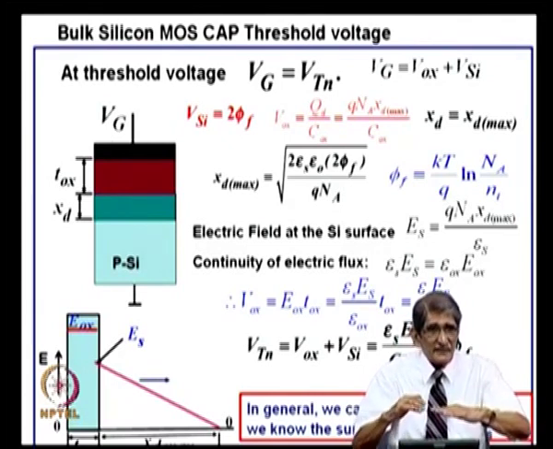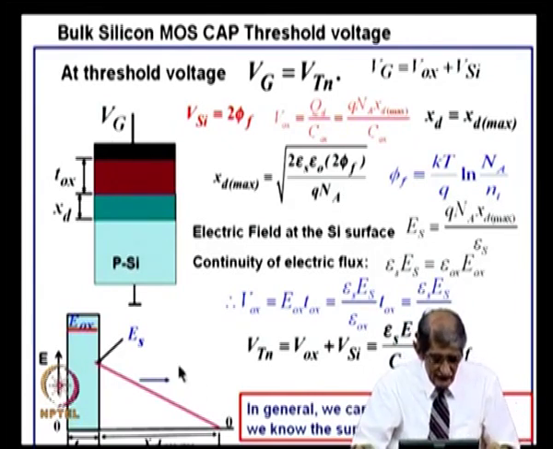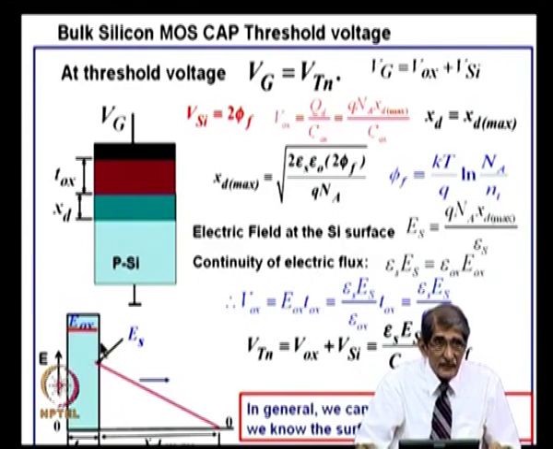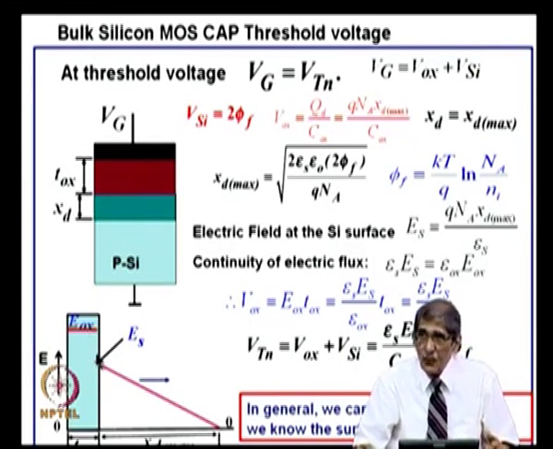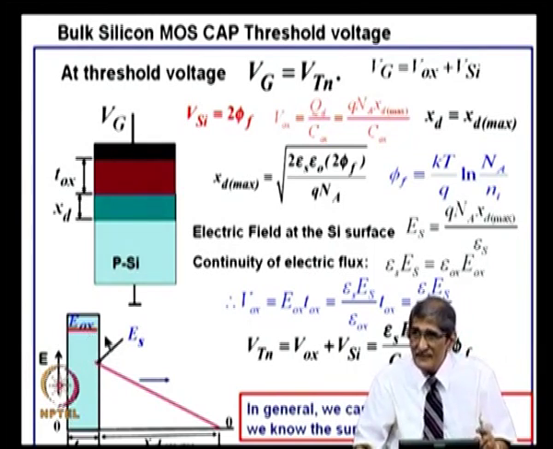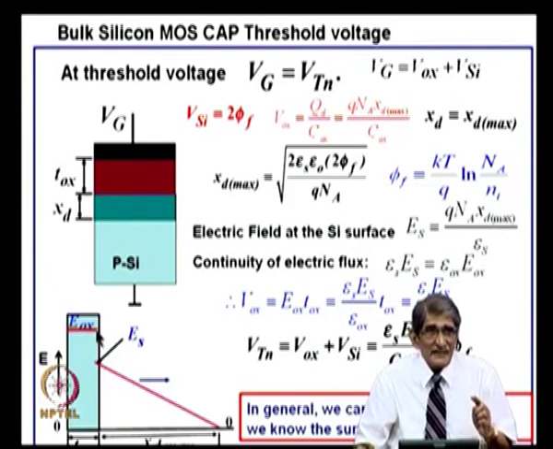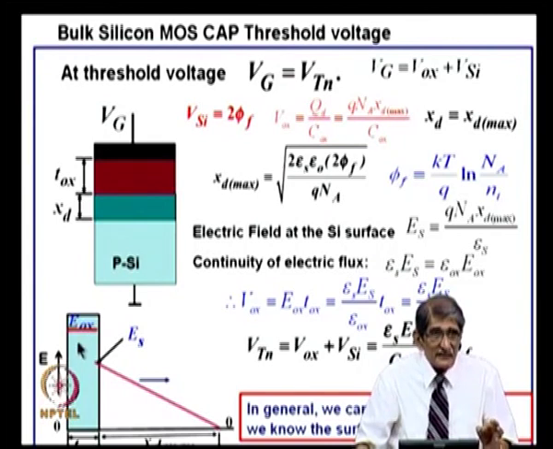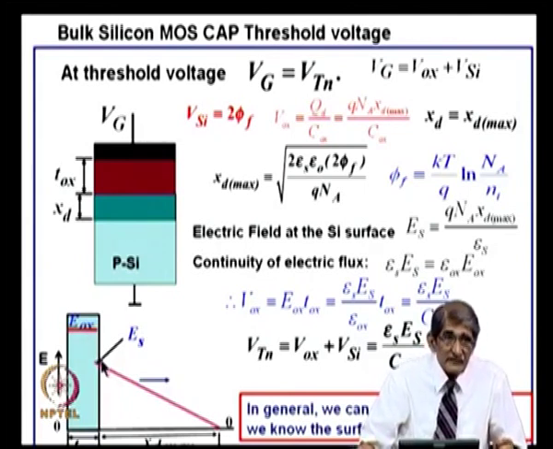If I have an interface here, look at this, I have oxide here, I have silicon here. Electric field here and here will be different. What is continuous is the flux, del dot D into d S is constant, or the flux is epsilon into E. So, epsilon S is the permittivity and the field in silicon is E s.